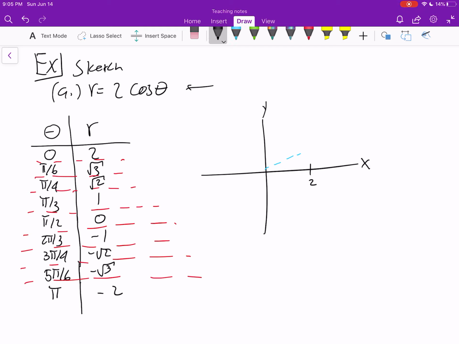So at pi over 4, which is that angle, I'm at square root of 2, which is still less than that. So maybe there. At pi over 3, I'm at 1. At pi over 2, I'm at 0.